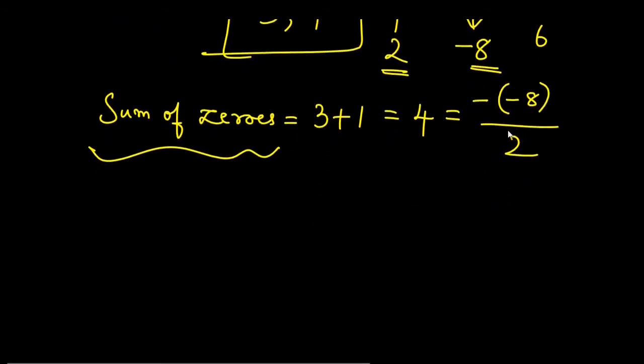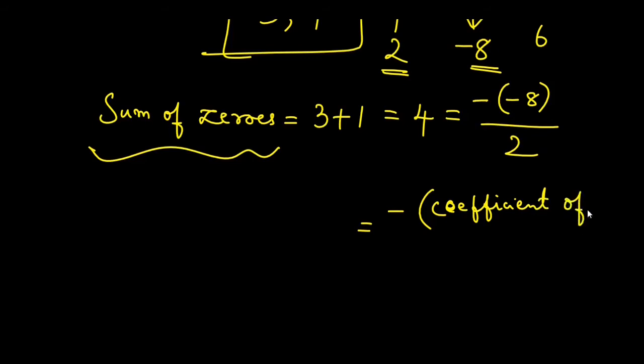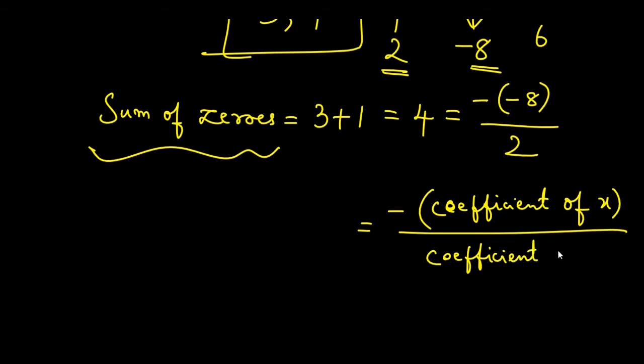Here minus 8 is the coefficient of x, and 2 is the coefficient of x square.